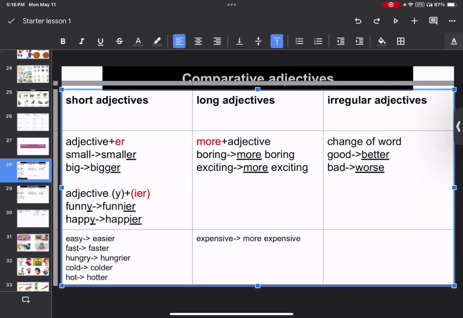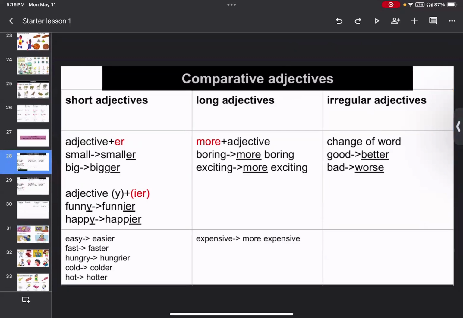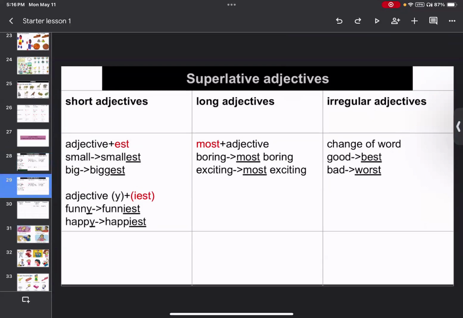Okay, now we'll go to superlative adjectives. Can you remember what superlative adjectives are used for?